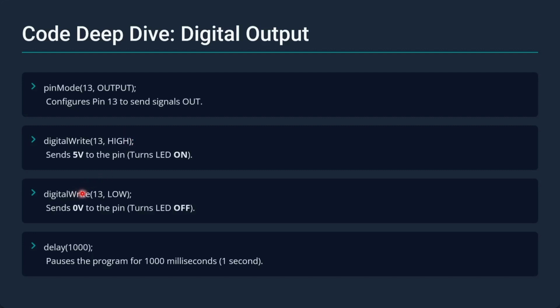Then digitalWrite 13 LOW will send 0 volts, turning it off. And we will add a delay of 1000 milliseconds, meaning 1 second. It will pause the entire program for 1 second. This is the simple combination of timing control. Like this, we can make the LED turn on and off.